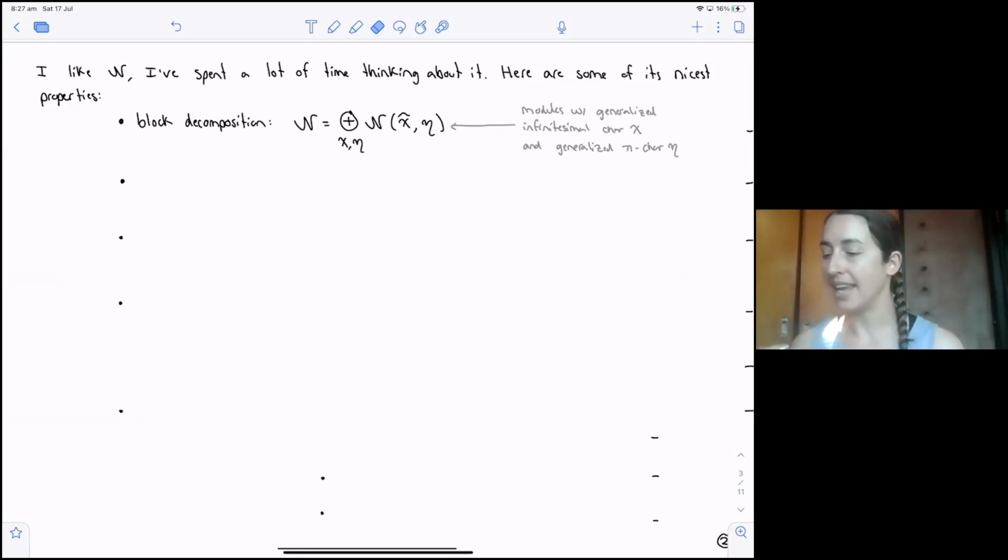So if we take any representation in this category, we can write it as a direct sum of representations in these subcategories. And these subcategories are exactly the modules that have some generalized infinitesimal character, so for the center of the universal enveloping algebra. So this is like a decomposition into generalized eigenspaces for the center of the universal enveloping algebra, and also generalized eigenspaces for the action of this nilpotent radical.